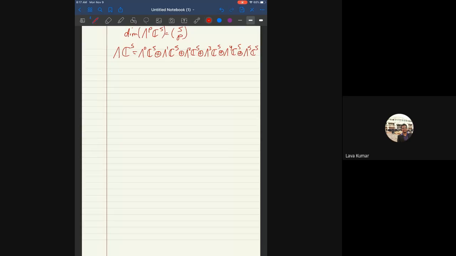So if we label the dimensions of each of these component vector spaces, this is 1-dimensional, and then plus 5-dimensional, and then plus 5 choose 2 is 10, so this is 10. And then we have another 10 here. 5 choose 3 is 10. 5 choose 4 is 5 again. And 5 choose 5 is 1. Okay, so those are the dimensions of the component vector spaces.